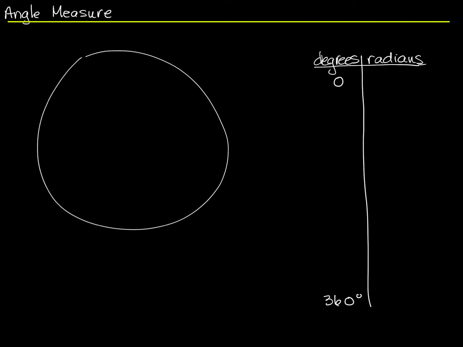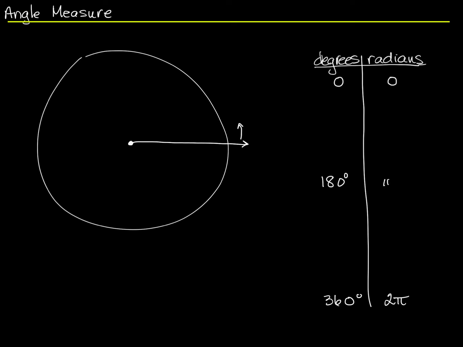We've already talked about the fact that if I start in the center, facing along the positive x-axis, and I turn in the counterclockwise direction, my starting point is what I'm going to call 0 degrees. I haven't turned at all. Well, it's also 0 radians because I haven't turned at all. If I go all the way around the circle, I've turned 360 degrees, or 2 pi radians. Halfway around the circle is 180 degrees.